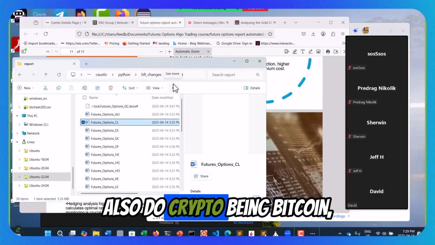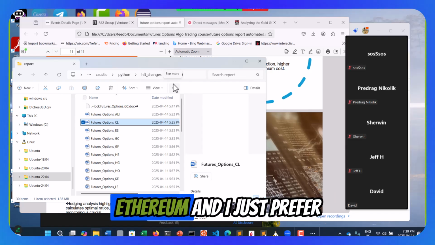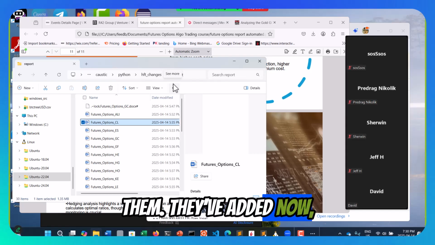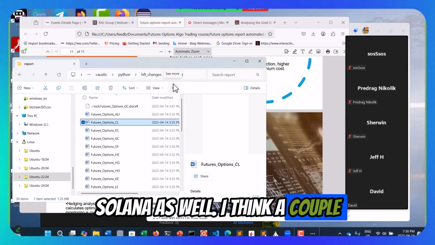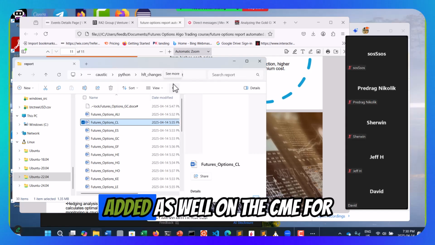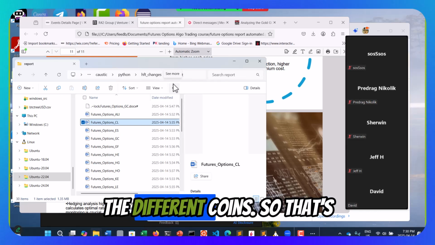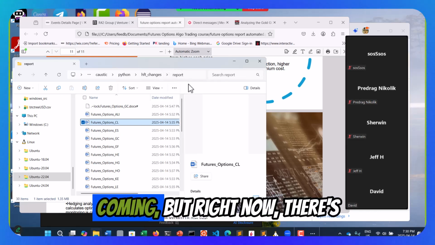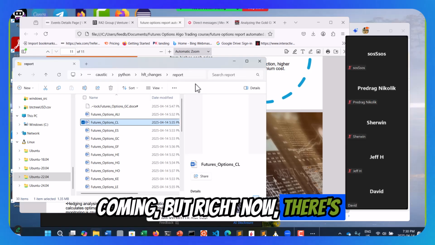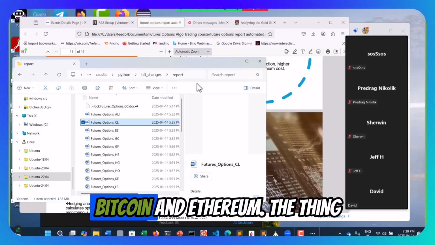I can also do crypto, being Bitcoin, Ethereum, and I just confirmed they've now added Solana as well. A couple of other coins are going to get added on the CME too, so that's coming. But for right now, there's Solana, Bitcoin, and Ethereum.